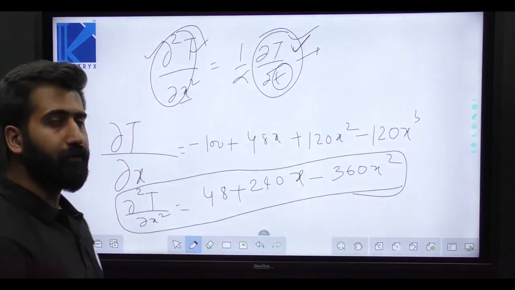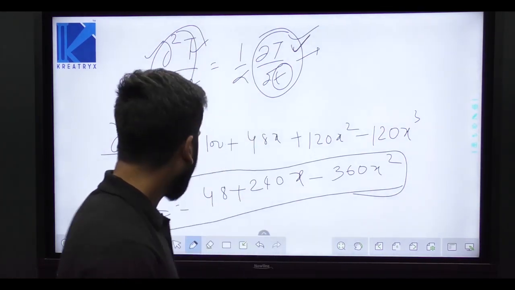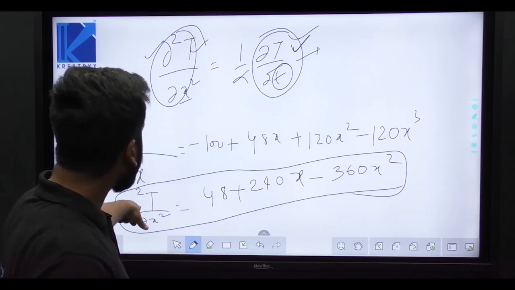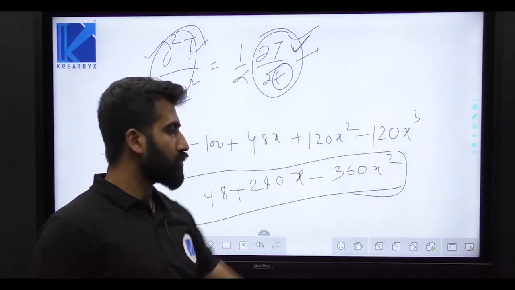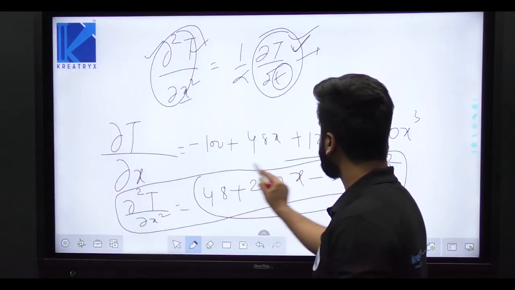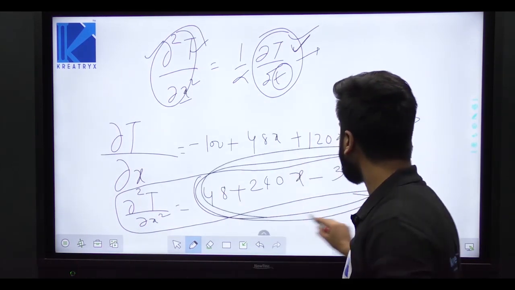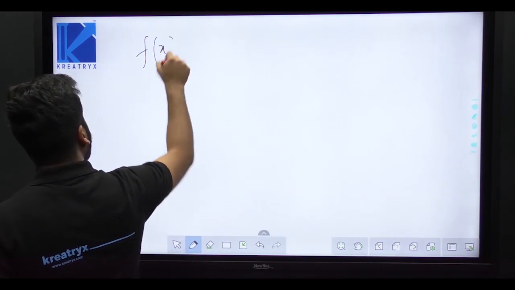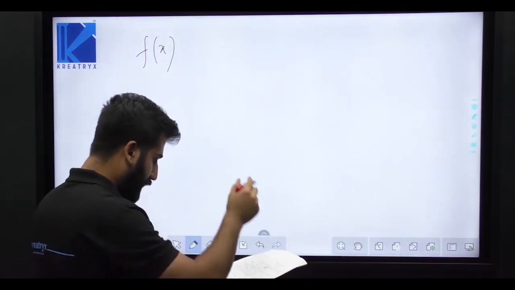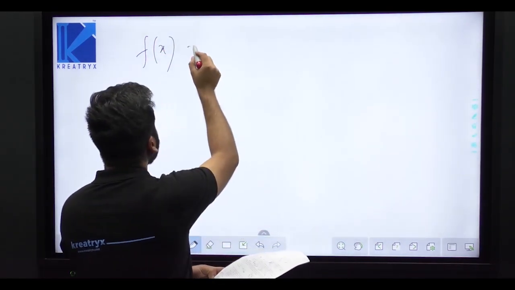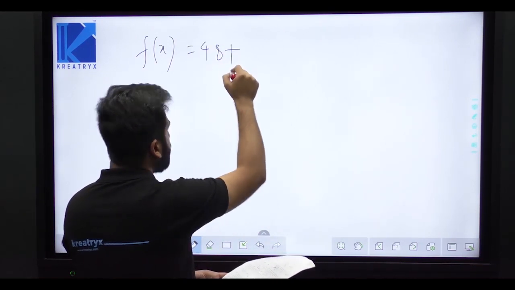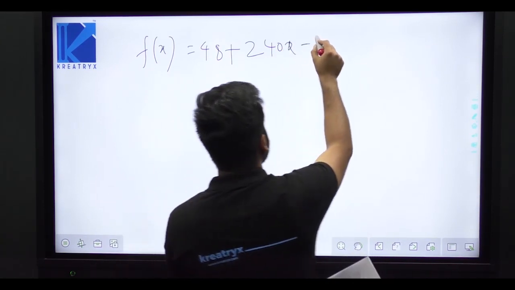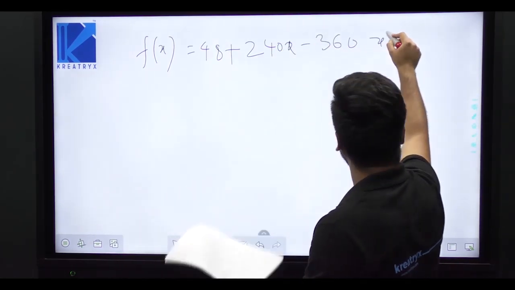Okay, so now we have to find the value of x where this ∂²T/∂x² will be maximum, because if this is maximum then this will be maximum. So consider this as a function f(x). Okay, so f(x) is equal to, function is 48 plus 240x minus 360x².